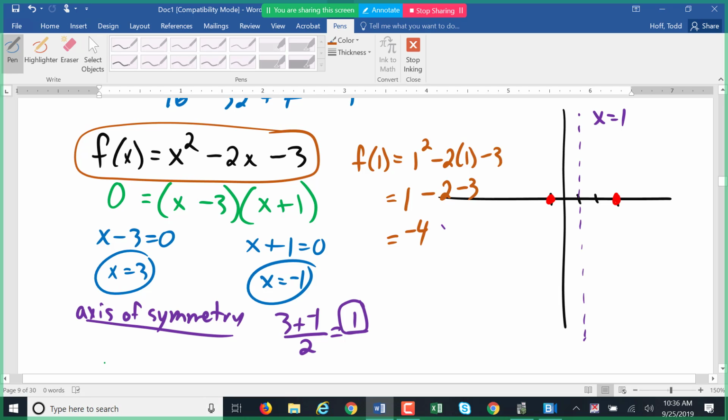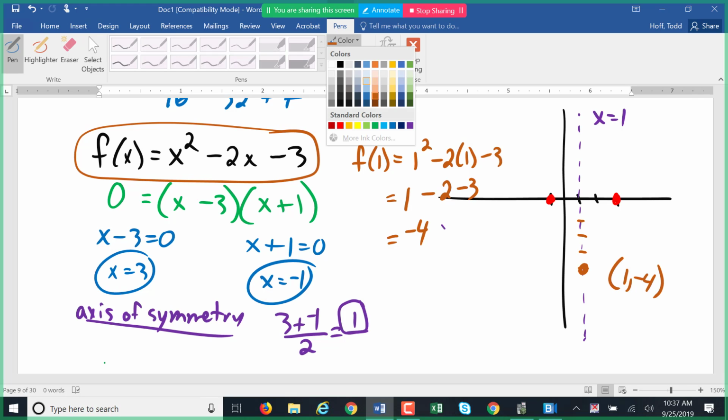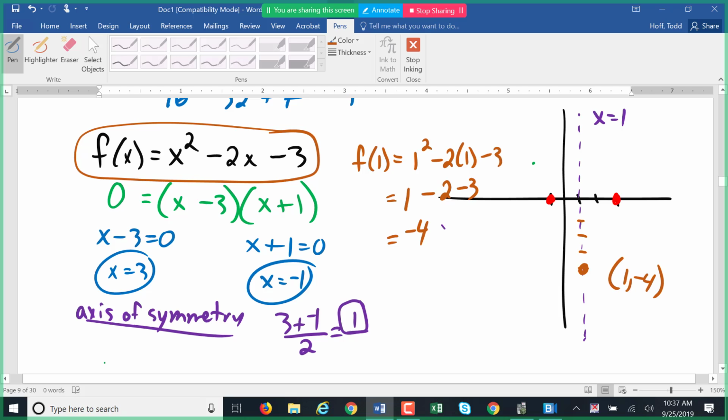So our vertex is at x equals 1, y equals negative 4. If that's not enough to graph this, we can always get an extra point. And because of the symmetry, if there's a point over here, we know there's a point on the opposite side of the axis of symmetry in the same spot.